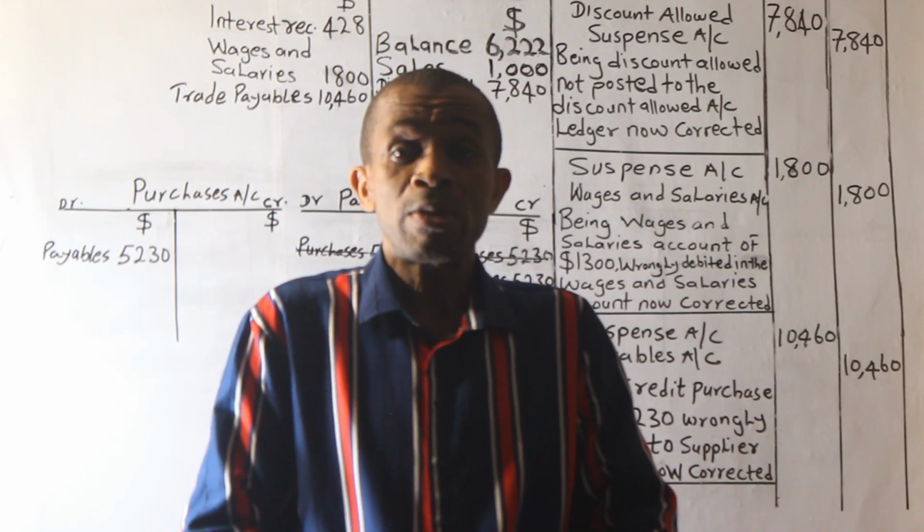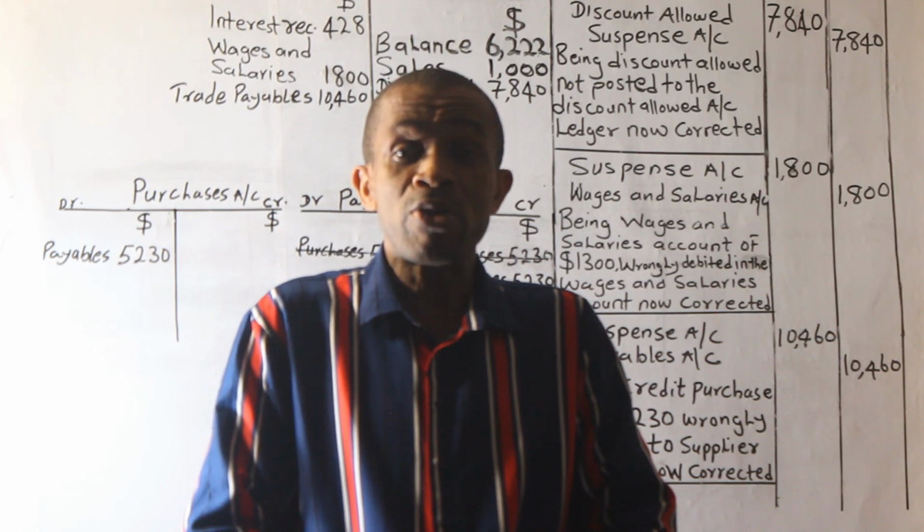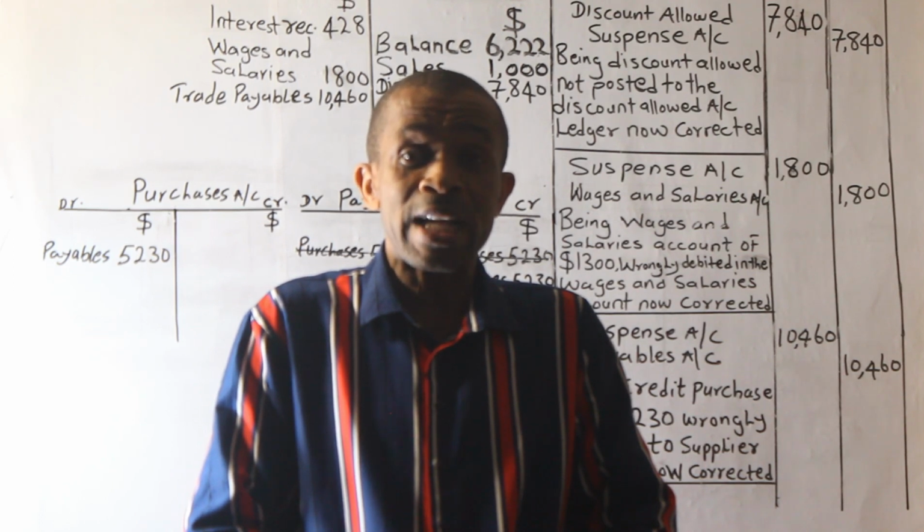When we purchase motor vehicle with check, the cash book will be credited, that is bank column will be credited for giving out the money for the purchases, while the motor vehicle account will be debited. In this question, we are told that the motor vehicle account has been debited accordingly. That means in the motor vehicle's account, there was no problem.